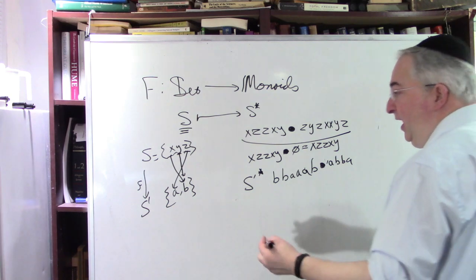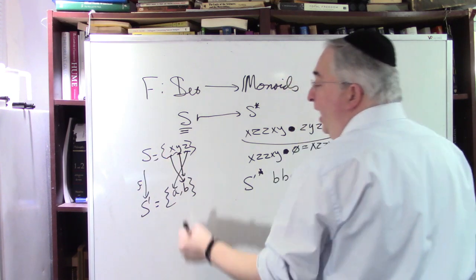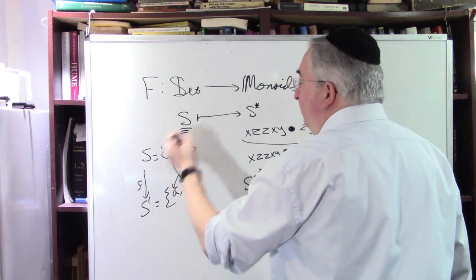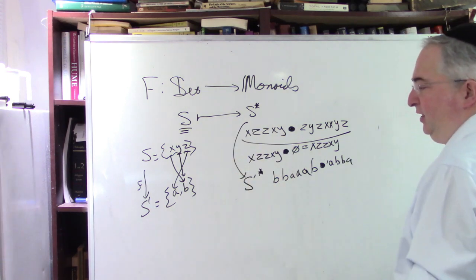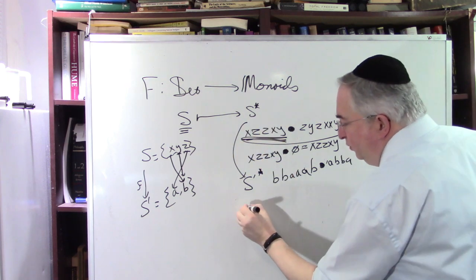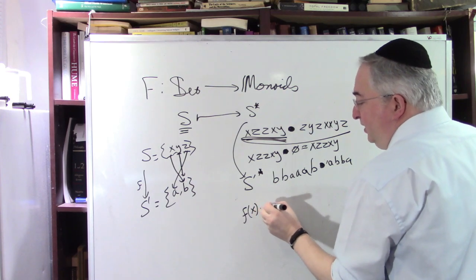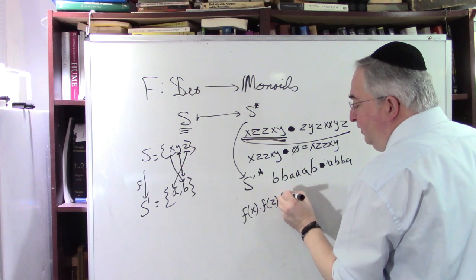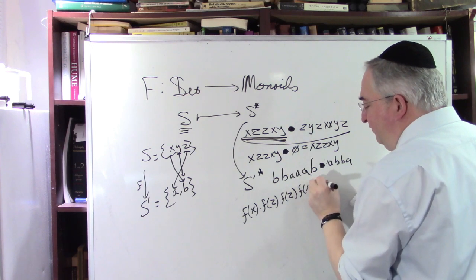But now, since I have a function from S to S prime, I need a morphism. I need a monoid homomorphism from S star to S prime star. And it works very nicely. Here's what it does. Here's a typical element in here. It's going to go to f of x, f of z, f of z, f of x, f of y.